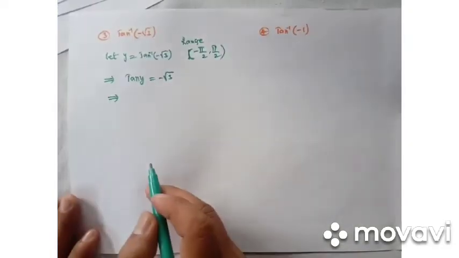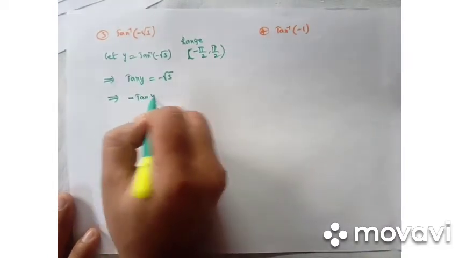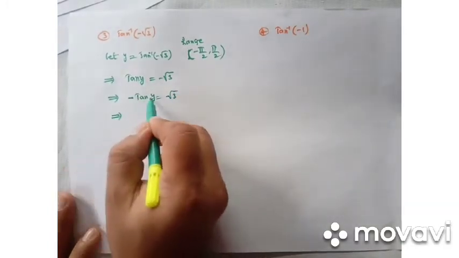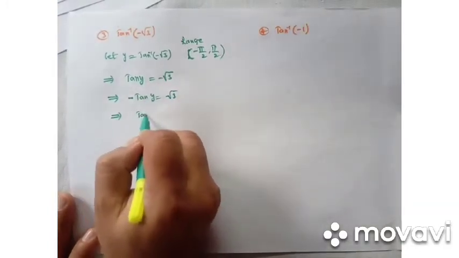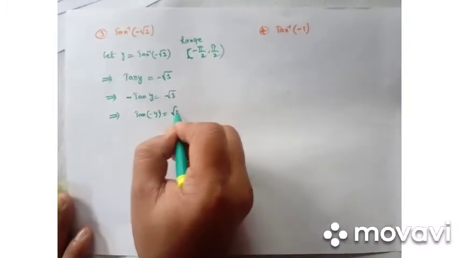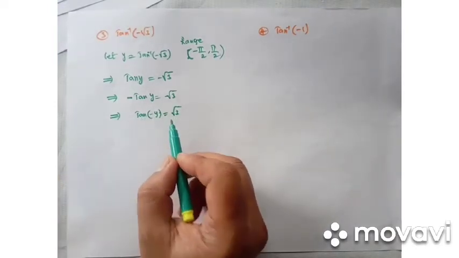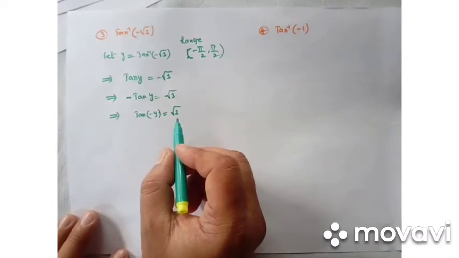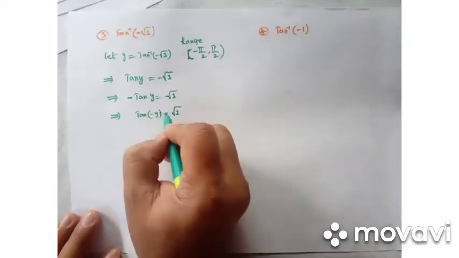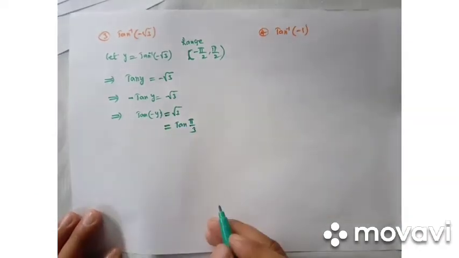Now this implies, send this minus value to the left hand side, minus tan y is equal to root 3, and send this value inside the tan: tan of minus y is equal to root 3. Root 3 value will be satisfied for which value in the known table? So tan 60, it is tan 60 can be written as tan pi by 3.